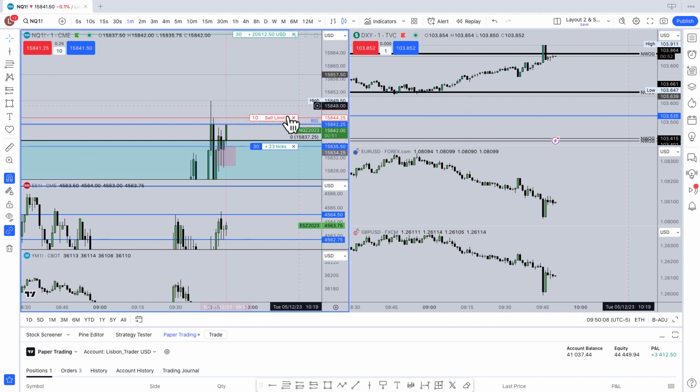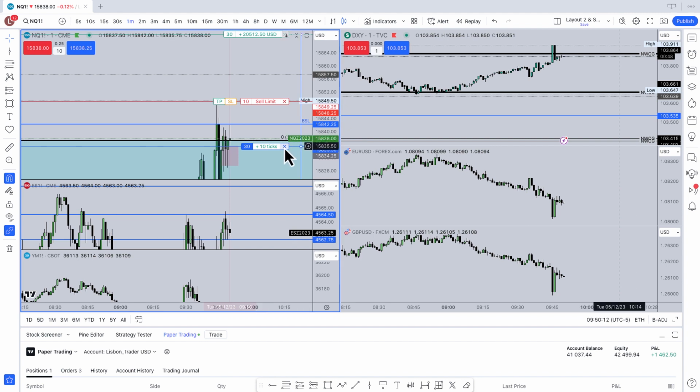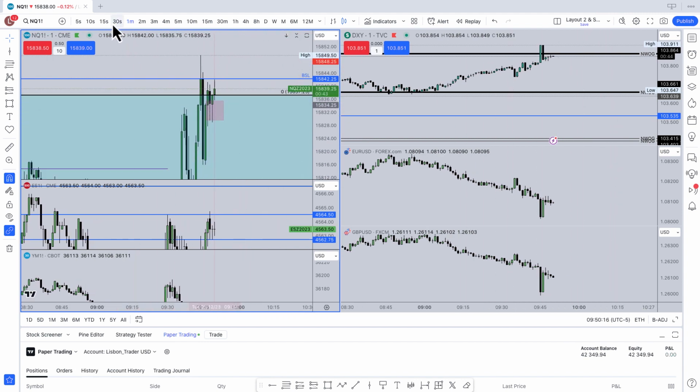Putting some into the balance. Too risky, so let's wait.